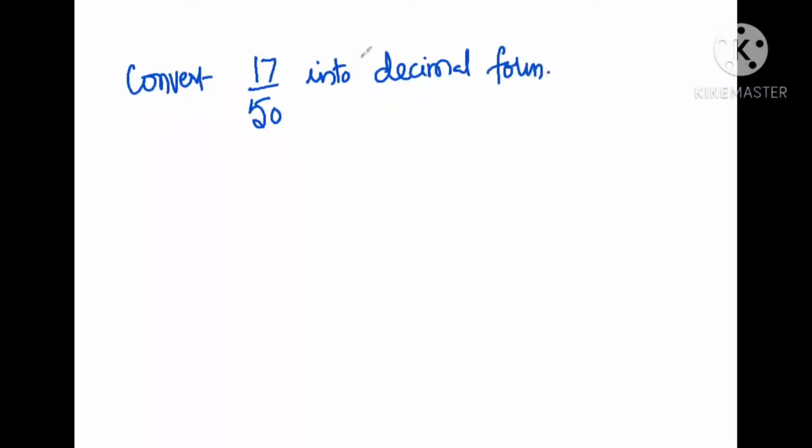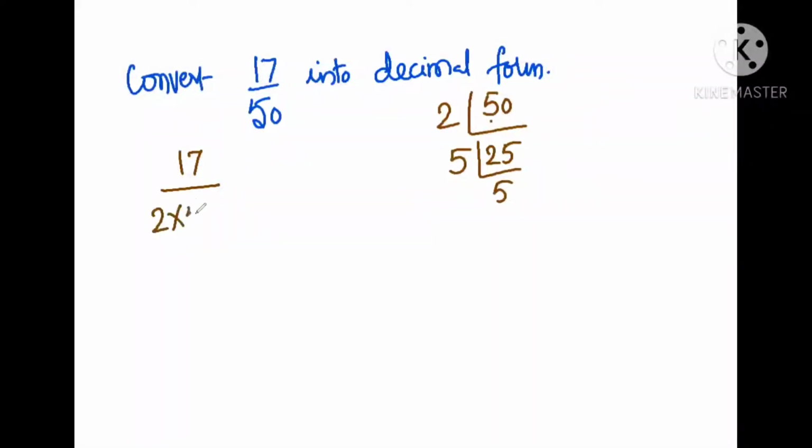Here 17, you have to prime factorize both numerator and denominator. 17 is already a prime number, so nothing to do. Now 50 is there. You have to prime factorize 50 like this. 2 1s are 2, 2 25s are 50, 5 5s are 25. Now 50 can be written as 2 into 5 into 5, and this is equal to 17 by 2 into 5 square.